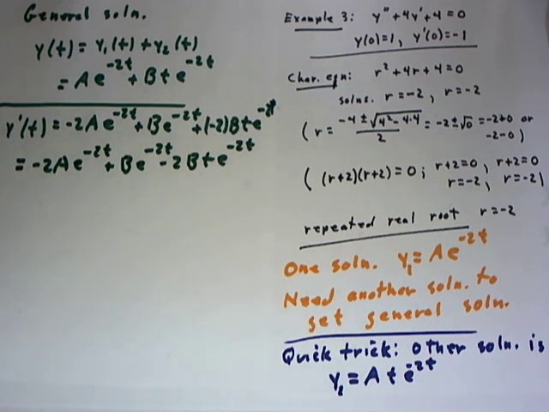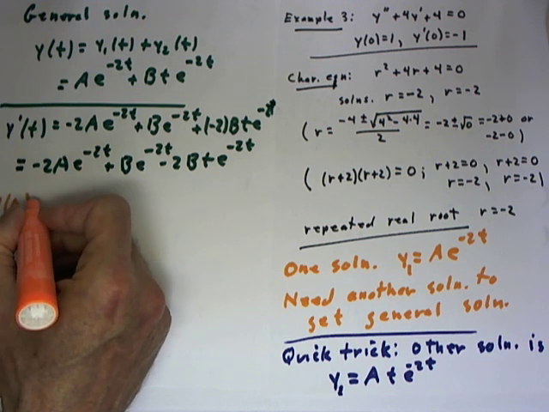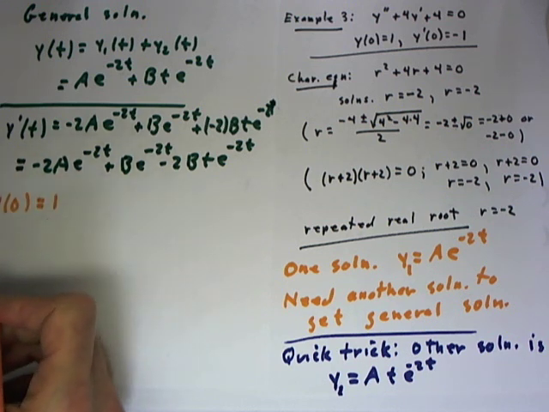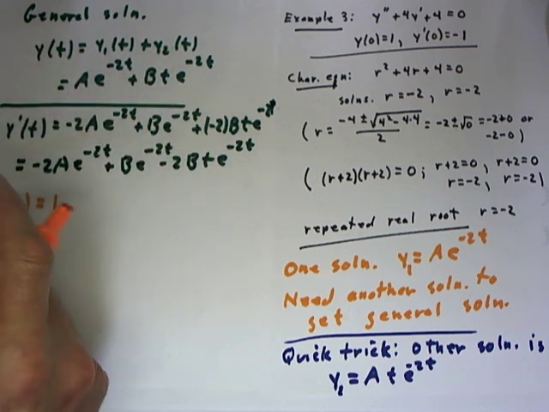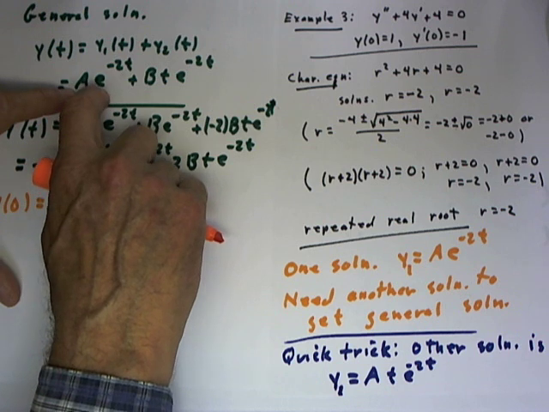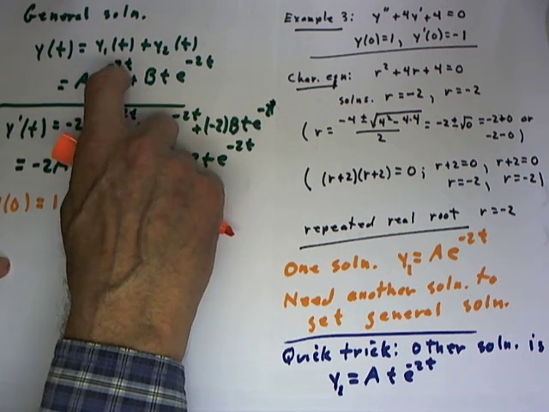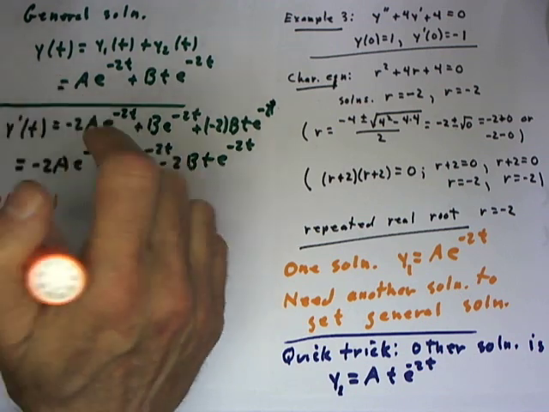Our purpose here, though, is to apply the initial conditions. So, first initial condition is y of 0 equals 1. Y of t is this, and e to the negative 2t is going to be e to the 0, which is going to be 1, so we're going to get a.